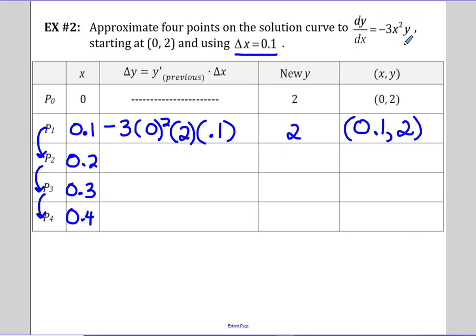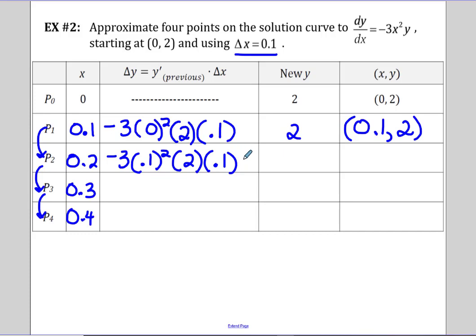And we're following the slope. They're telling us what to do. The change in y is the slope of the previous times the change in x. So negative 3 times the previous, which is 0.1 squared, times the y, which was 2, times the change in x.